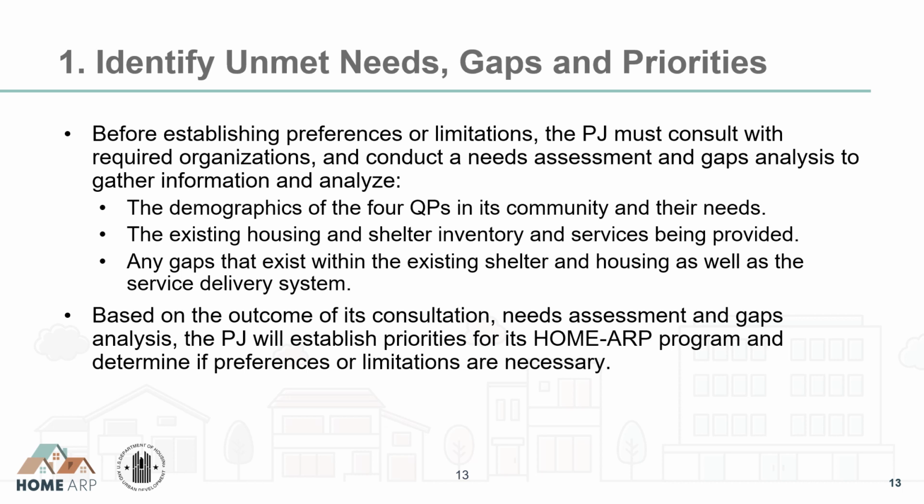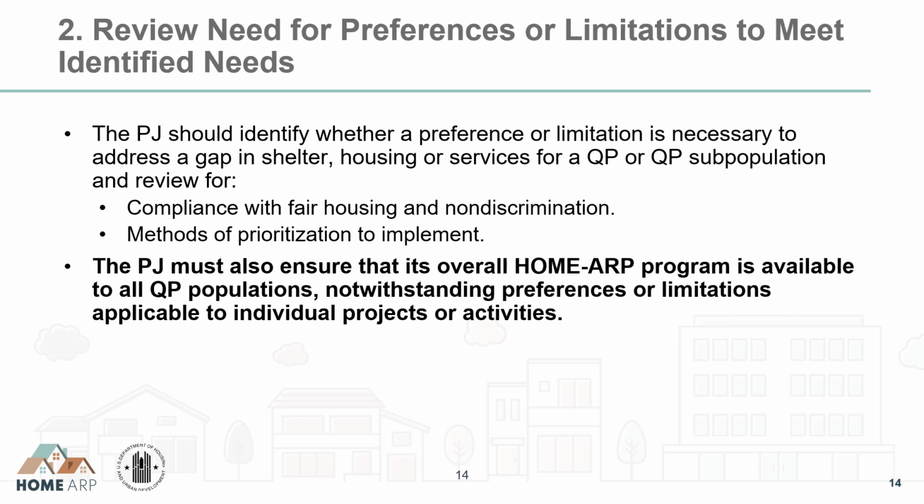Based on the outcome of the consultation, the needs assessment, and the gaps analysis, the PJ can establish priorities for its HOME-ARP program and determine if preferences or limitations are necessary to address needs. The second step is to review the need for preferences or limitations to meet identified need.